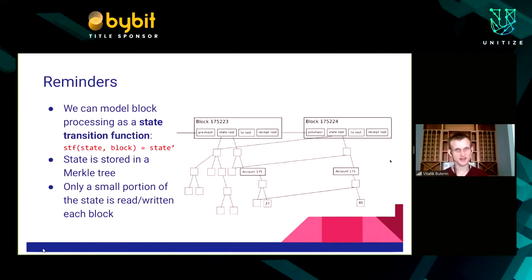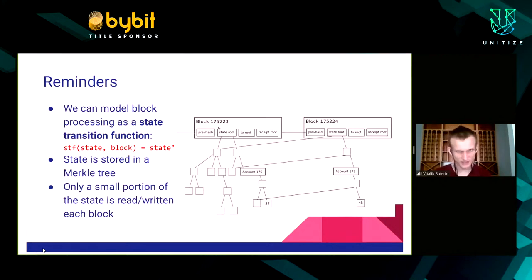In the Ethereum case, the state is stored in a Merkle tree. Specifically, it's stored in what we call a hexary Merkle Patricia tree. And the root hash of the state is stored, and this is a 32-byte hash of this entire data structure that contains all of the accounts, all of the storage keys. The root of this is basically stored inside of the block header, right?